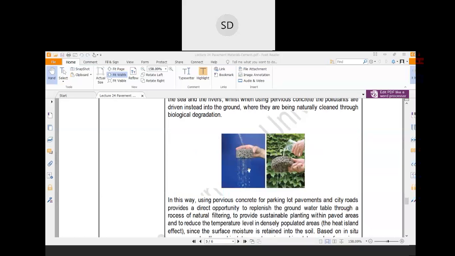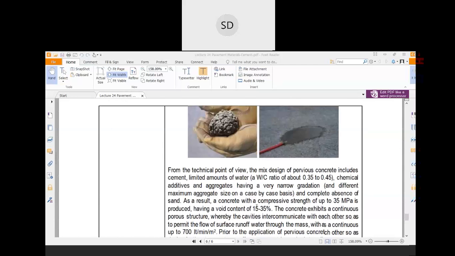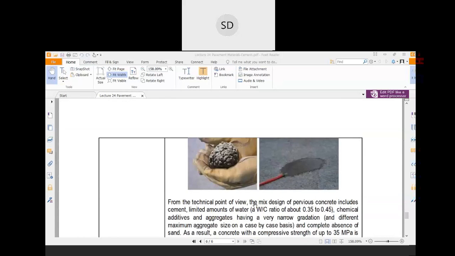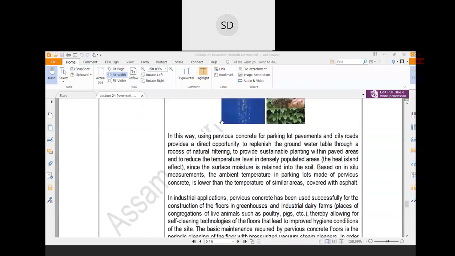Whenever you pour some water, that water will easily penetrate over it. So this is all about the cementitious material provided for road construction.